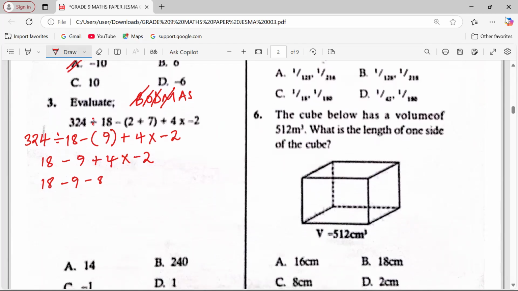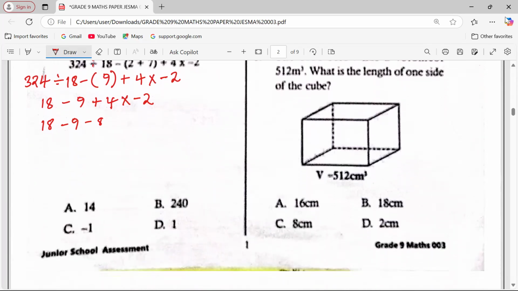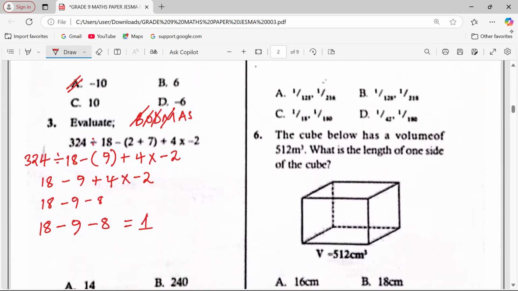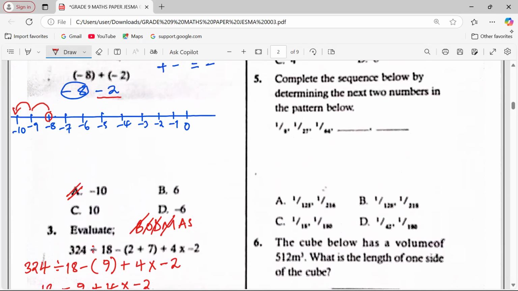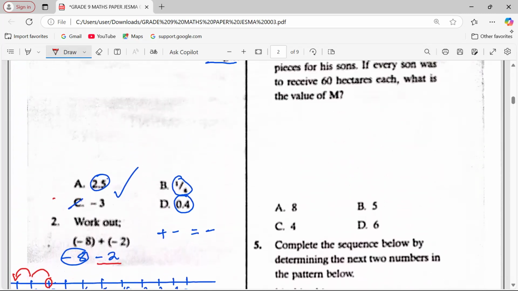So at the end of the day, we will be having 18, we subtract 9, then we subtract again 8. So 18 minus 9 will give us 9. Then 9 minus 8 will give us 1. So the final answer is found at D, which is 1. That is our number 3. Let's look at number 4.